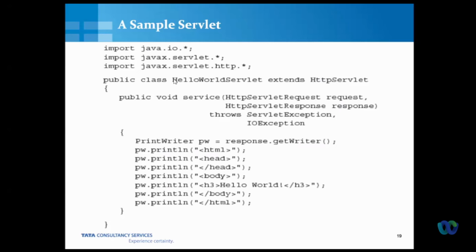So this HelloWorld servlet is our class name, which extends HttpServlet. Now from where am I extending the HttpServlet? This is present in which package? javax.servlet.* package. So if I am writing dot star, it will include all the classes present in the servlet package. Okay.